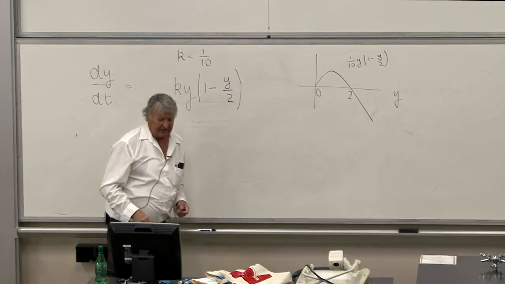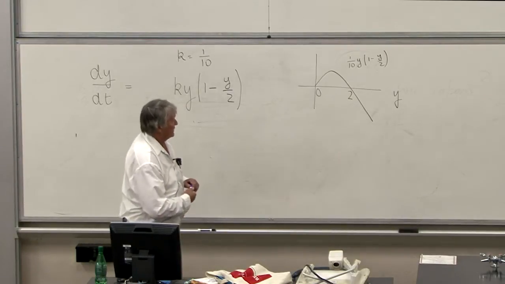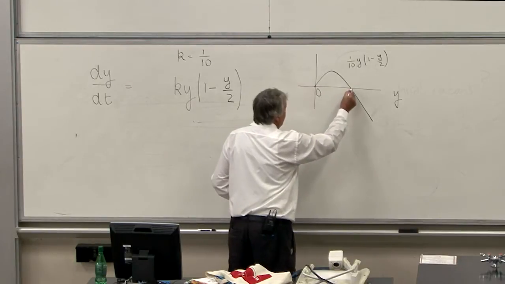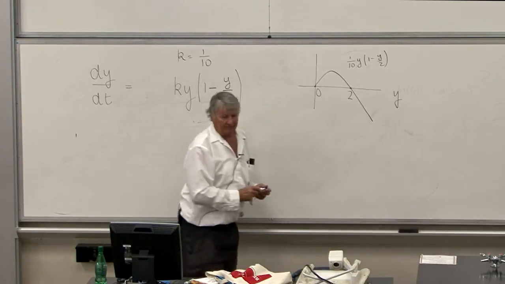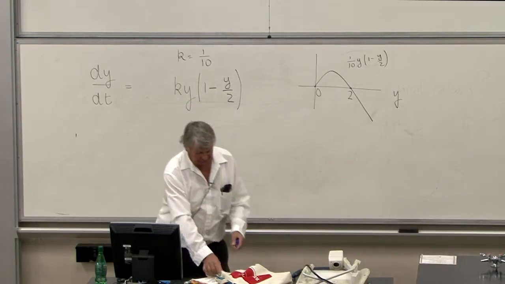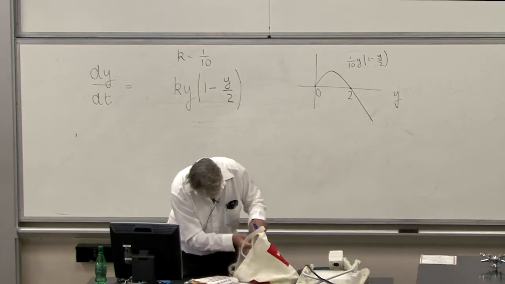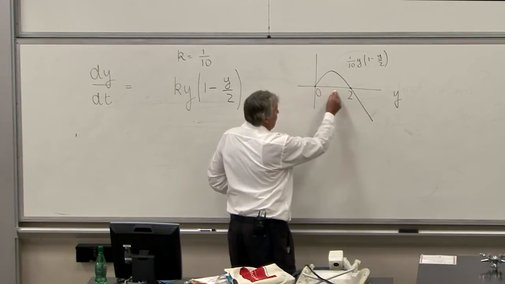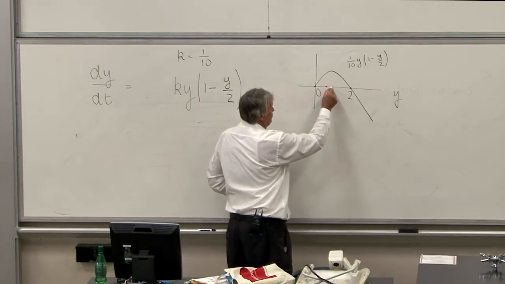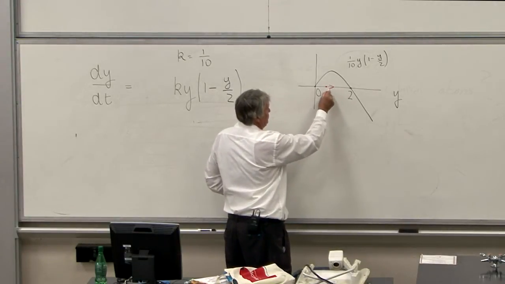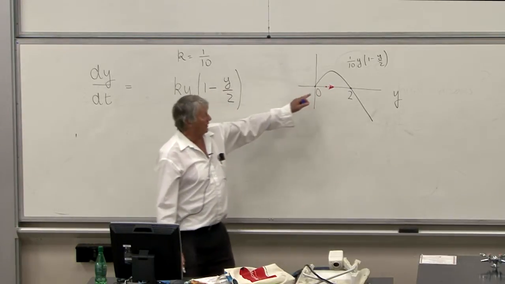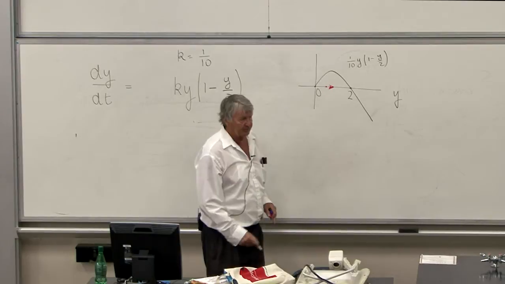And now we see that it has 2 zeros, 1 is here, 1 is here. If I start anywhere, with any number of rabbits, dy by dt is positive, y increases all the way up till it gets to 2, where it stops.